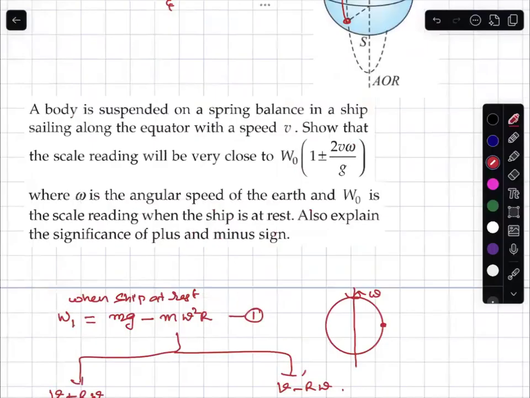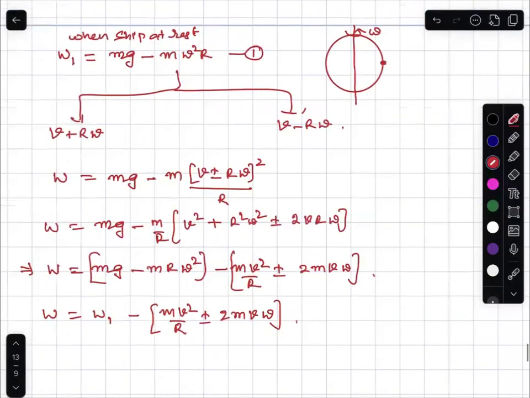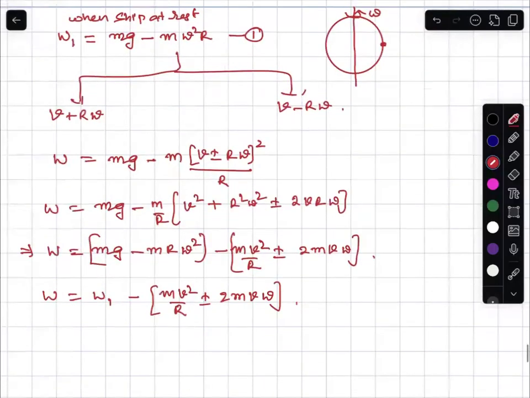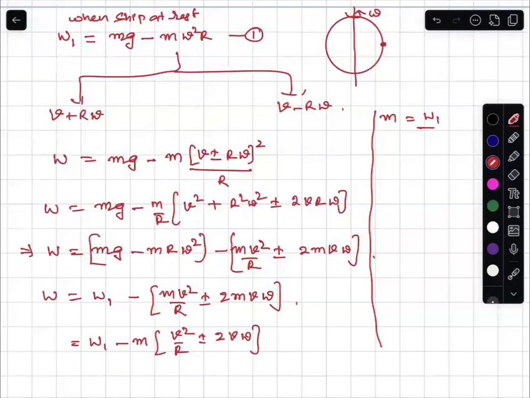Show that the scale reading will be very close to the given expression. Now, I think the m term must be replaced here. W1 minus m times v square by r plus or minus 2v omega. By the way, from the first part, I can say that m is nothing but W1 by g minus r omega square, right?